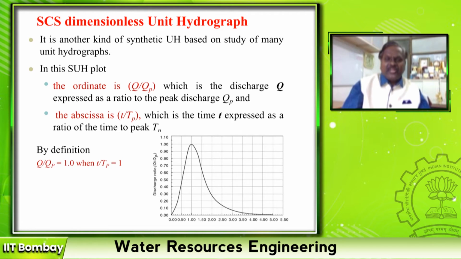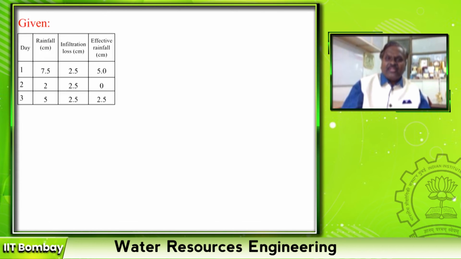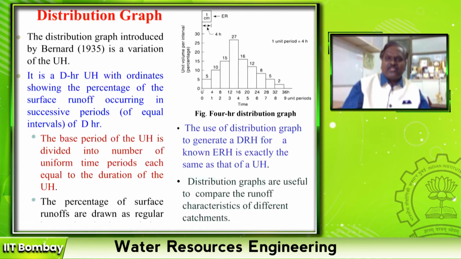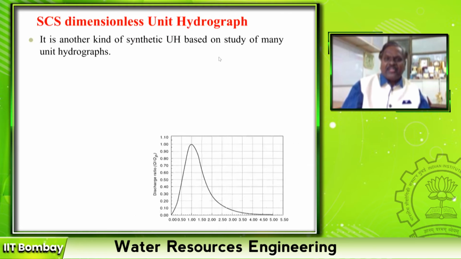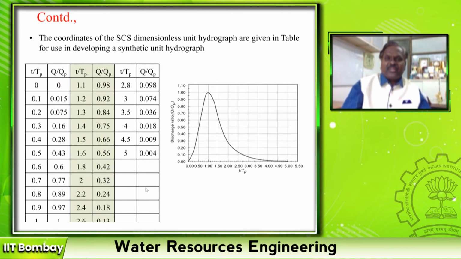Okay. So the difference between the distribution graph and SCS dimensionless unit hydrograph is, in Bernard's distribution graph, the y-axis value varies from 0 to, you will never reach 100% because you are dividing each and every ordinate of the unit hydrograph by total discharge, whereas in this case the values are 0 to 1 in y-axis, right?